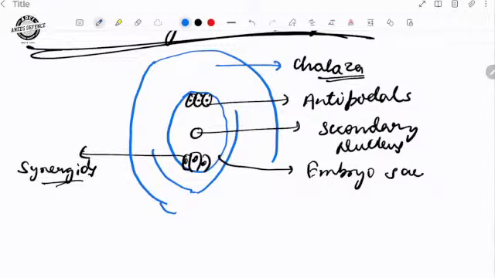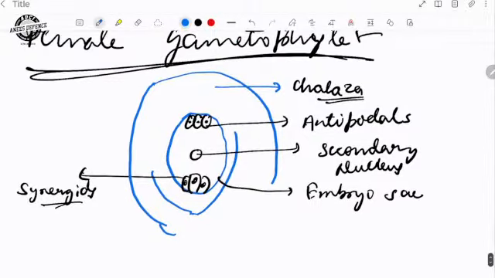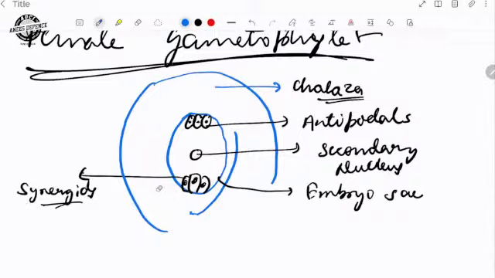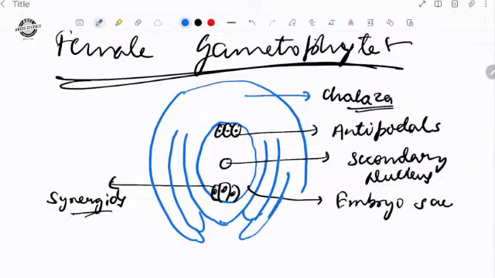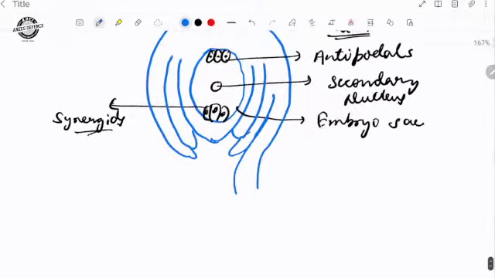Like this structure we are going to have.